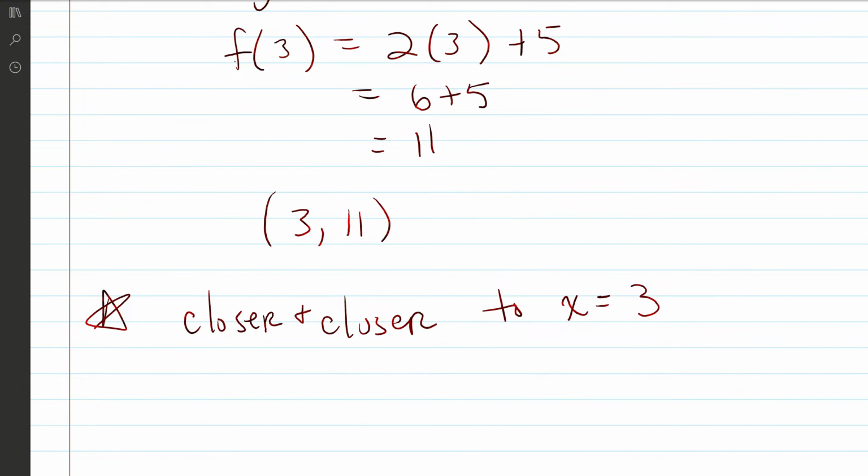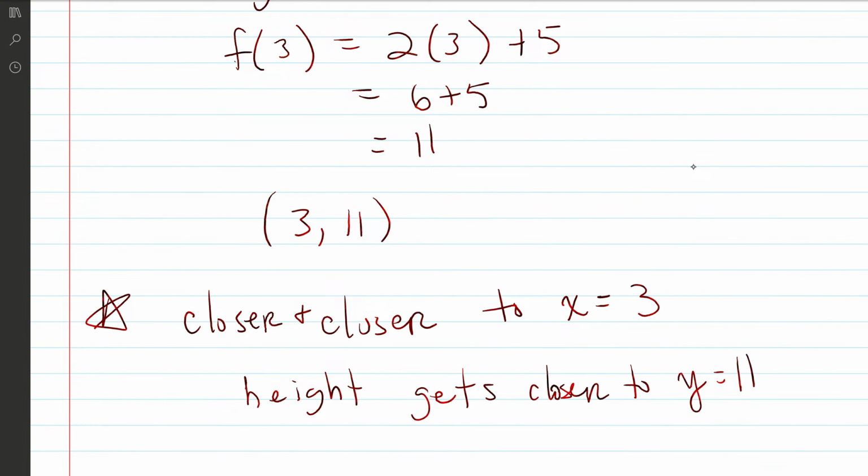So the height of the graph gets closer to y equals 11, right? So as you get closer and closer to x equals 3, the height gets closer to that y equaling 11 that we just looked at.